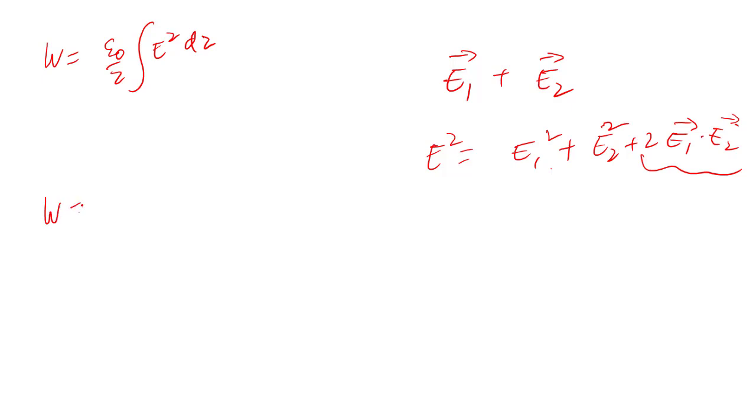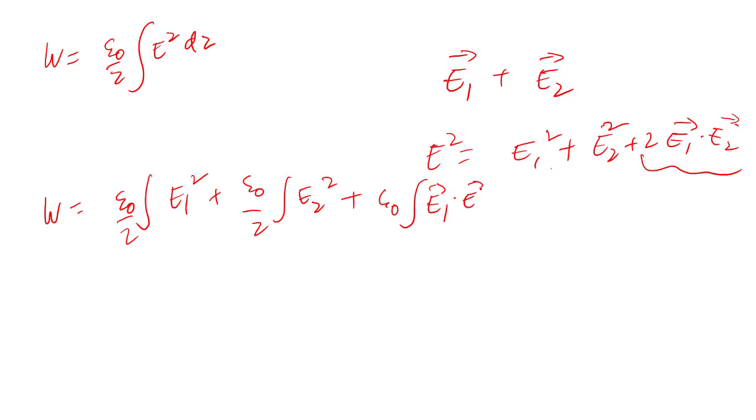So the total energy then would be epsilon naught by 2 E1 square, plus epsilon naught by 2 E2 square, plus epsilon naught E1 dot E2, right? So if you double the charge everywhere, you quadruple the energy. It's not simply E1 square plus E2 square, but you do get this extra term of 2 E1 dot E2 because electric field is a vector.